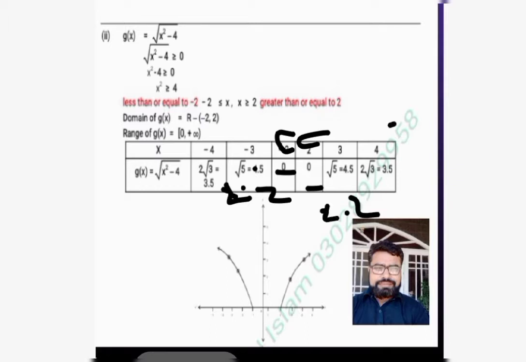If we put minus 2, the answer will be 0. If we put 2, the answer will be 0. If we put 3, the answer is square root 5, which is 2.2. And if we put 4, that is 2 square root 3, which is 3.5. So we have some values.